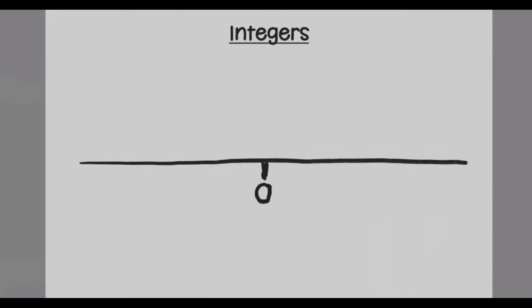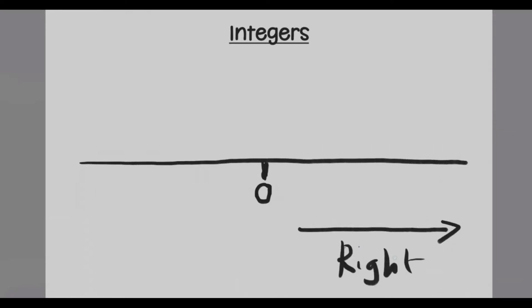It's just 0. This is the right side, and this is the left side. Any number that is going to the left is going to be negative, and any number that's going to the right is going to be positive.